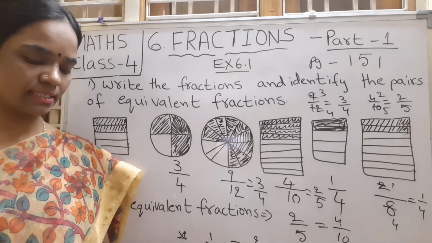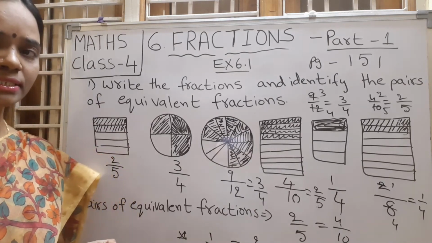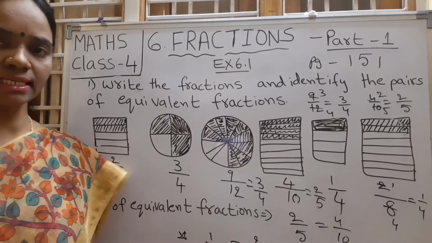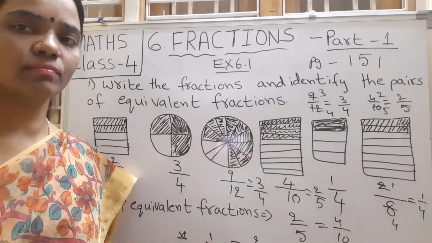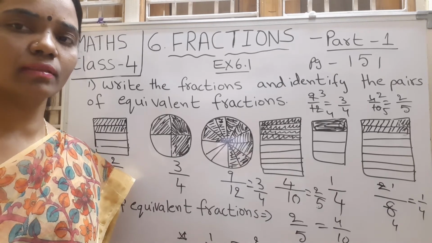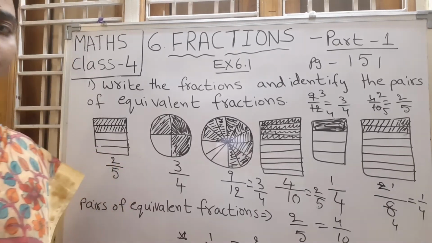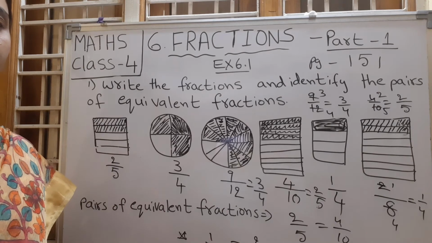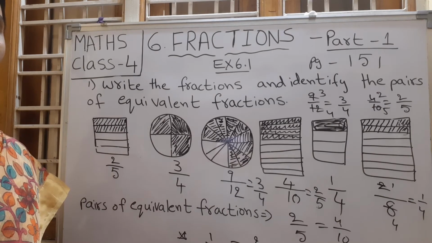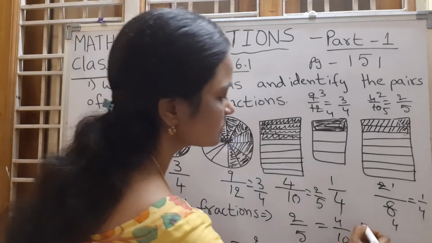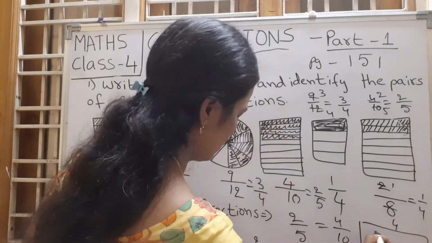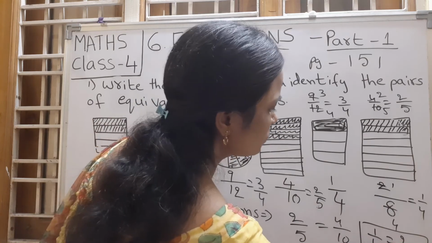Yes, children? Yes. Note it down, children. Now take the second pair. So what is the second pair here? I am writing here, there is no place there. 1 by 4 is equal to 2 by 8.